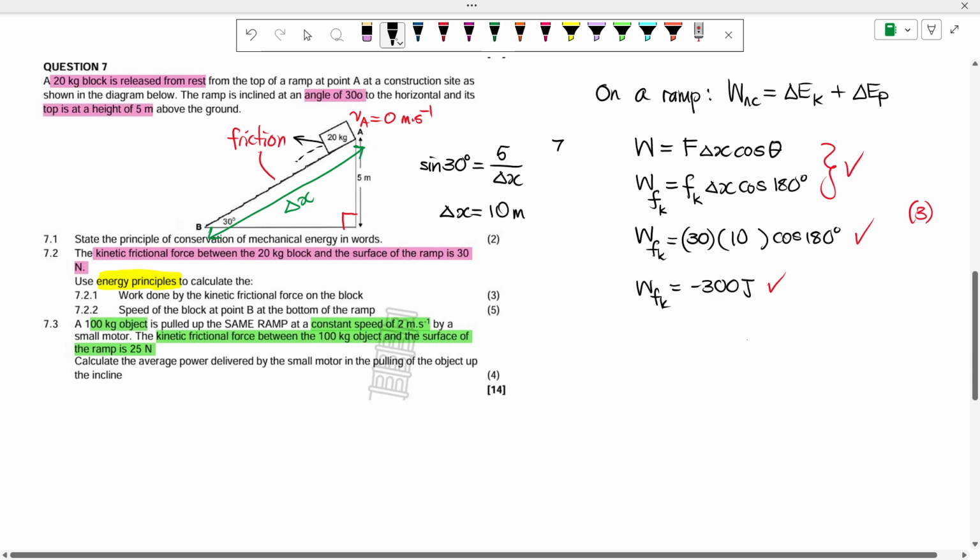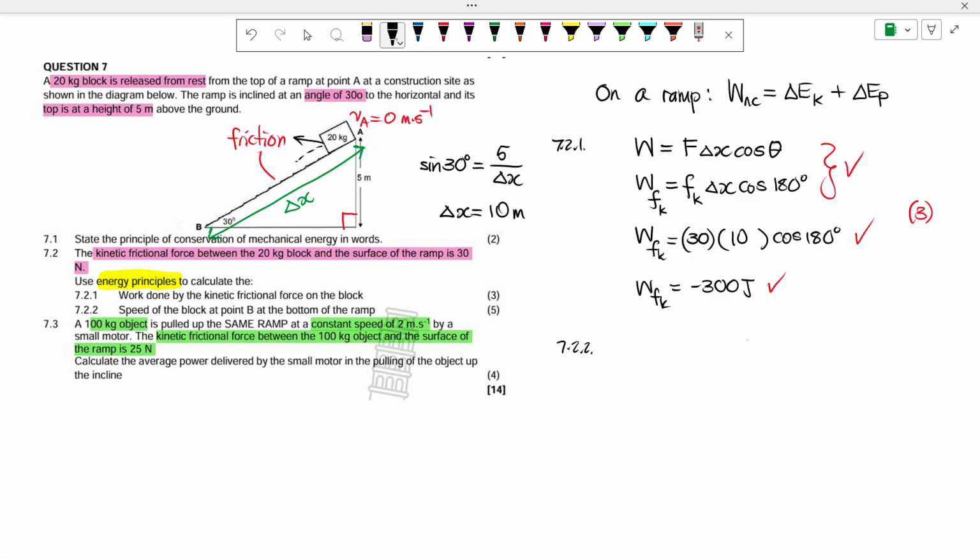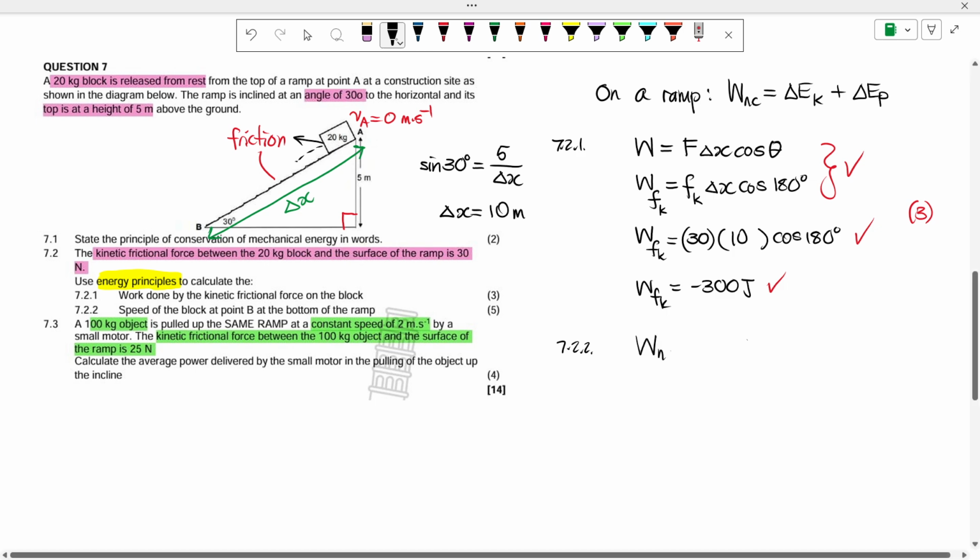This was 7.2.1. Let's look at 7.2.2. The speed of the block at point B at the bottom of the ramp. So the energy principle is to be used. It's on a ramp, there's friction, it's work done by non-conservative forces, and you have to be careful of how many non-conservative forces you have. In this case, it's just one, which is friction.